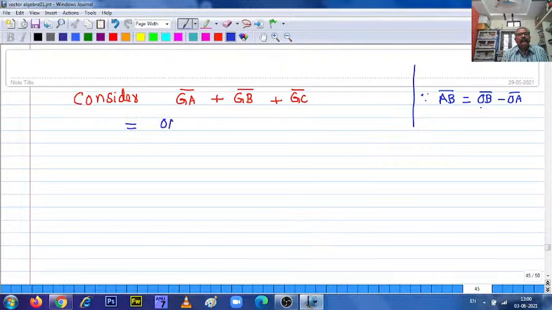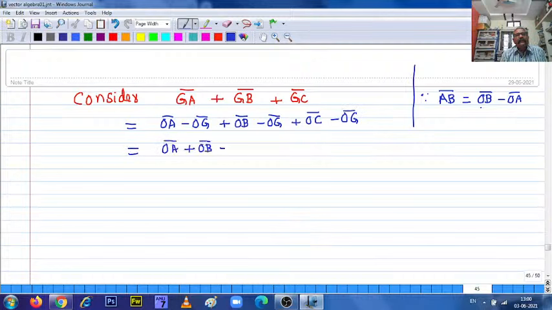This we can write OA minus OG, this we can write OB minus OG, this we can write OC minus OG. See, this we can write OA plus OB plus OC minus 3 OG.